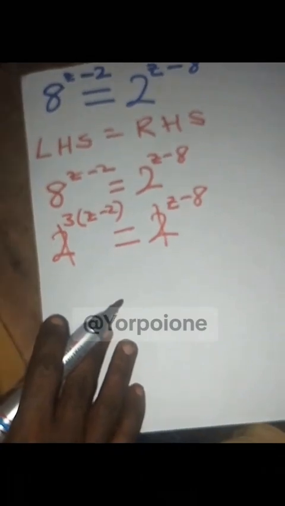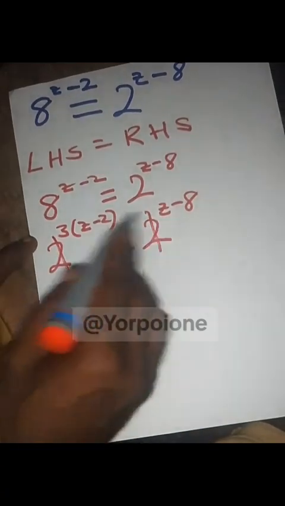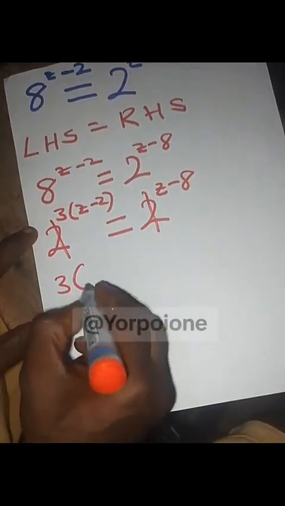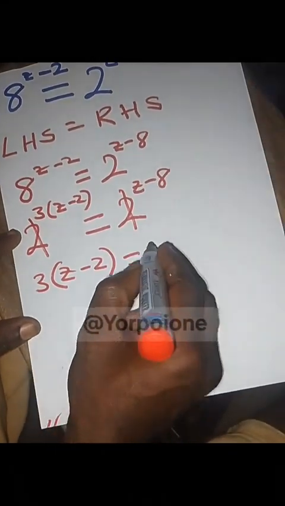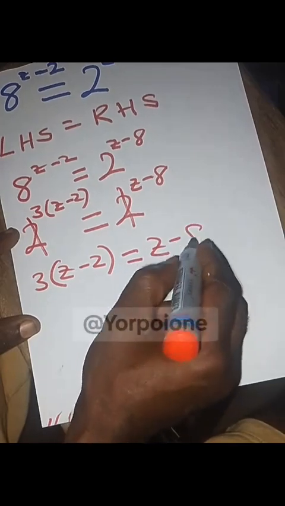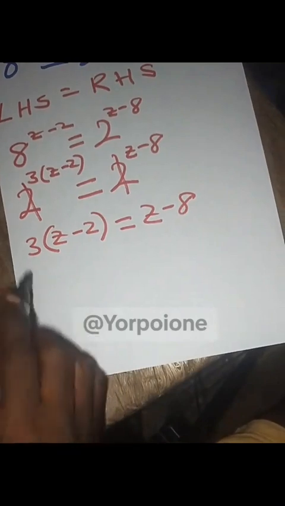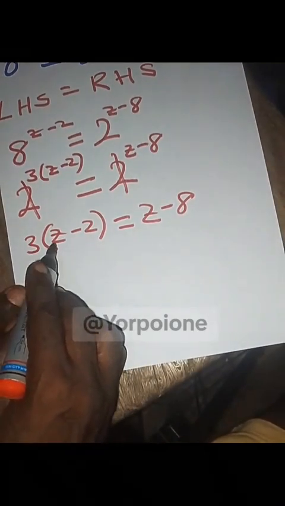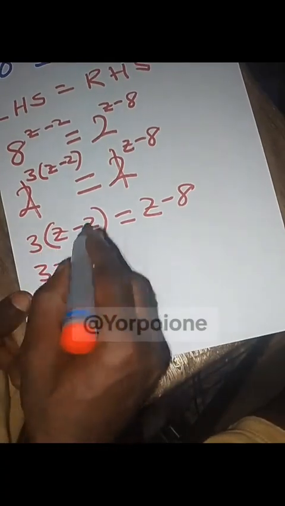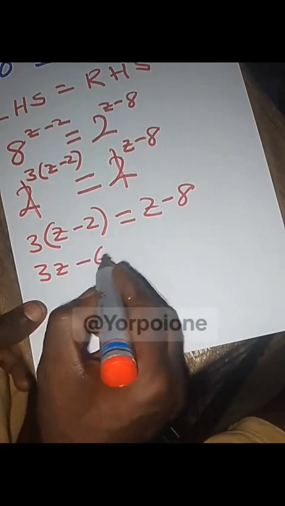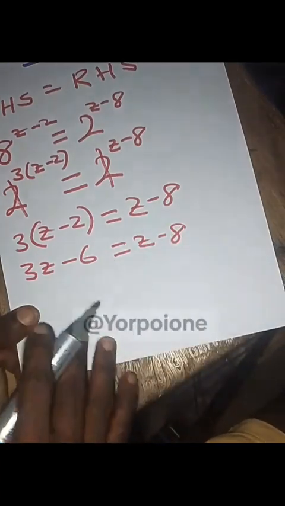After cancellation, the next thing is to equate the powers. That is, 3 into z minus 2 is equal to z minus 8. We remove the bracket: 3 times z gives 3z, minus 3 times 2, which is 6, is equal to z minus 8.